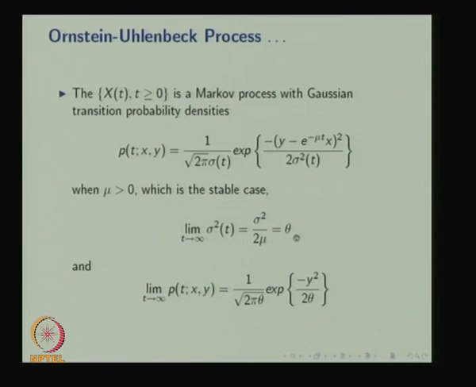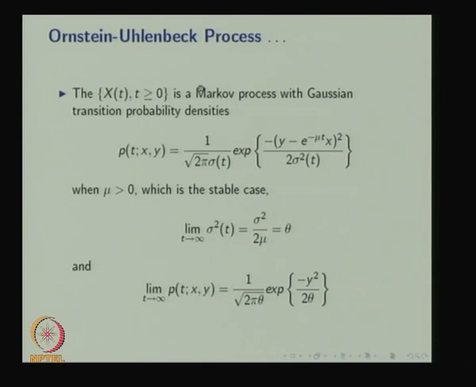Then you can find the limiting distribution of the transition probability density, that is a normal distribution with mean 0 and variance theta.